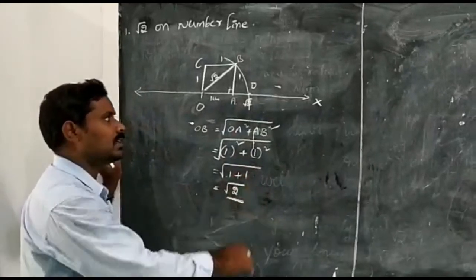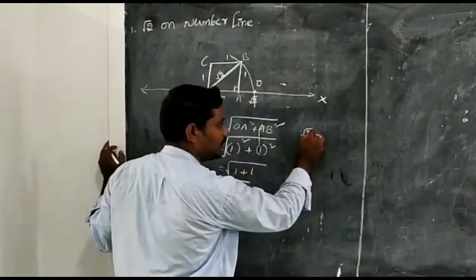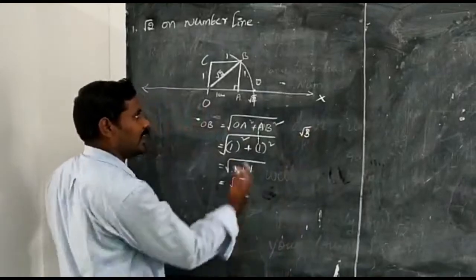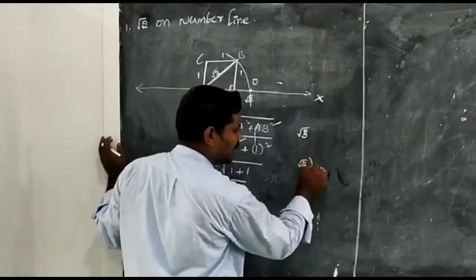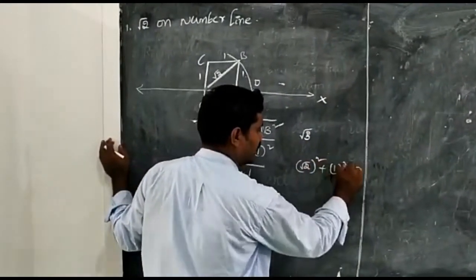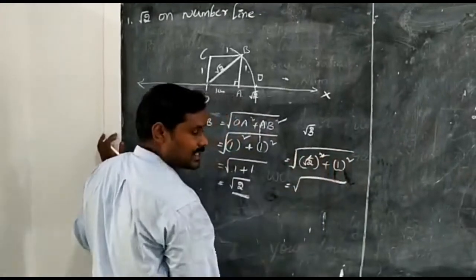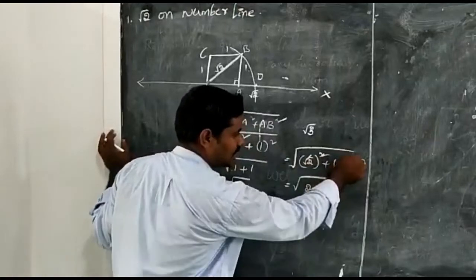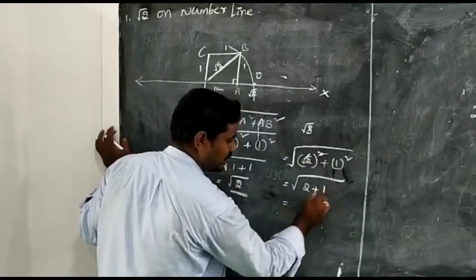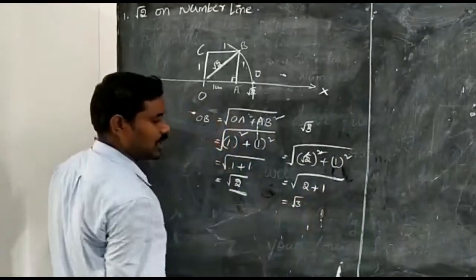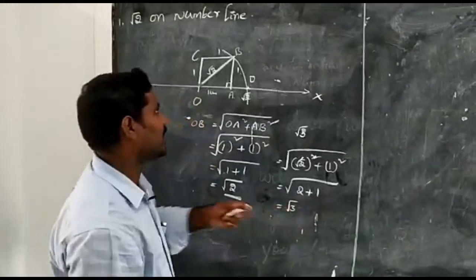If you want root 3, find like this: root of 2 square plus 1 square. The square root is cancelled: 2 plus 1 square is 1, 2 plus 1 is 3. Root of 3. If you want the root 3 value, find like this.